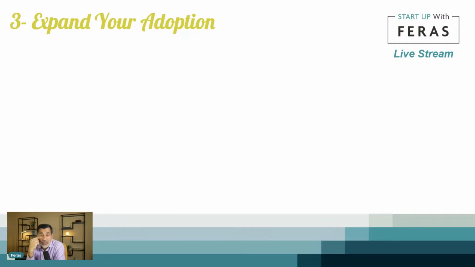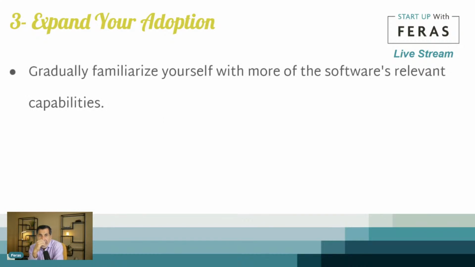So the same thing with CRMs, there's a lot of help online as you start to use the system. I see a common predicament here is that a lot of people just stop at using that system for 20% and they don't expand their understanding and adoption of the software.